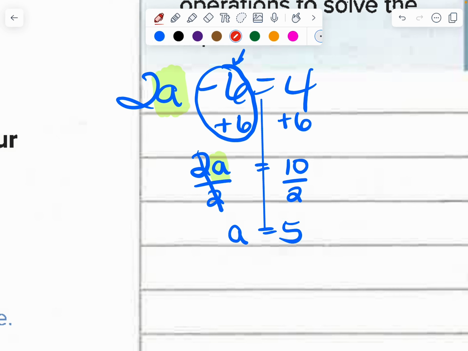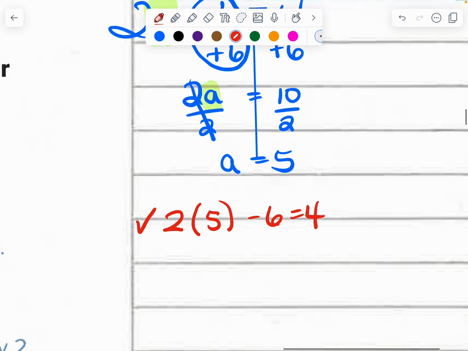Now, to make sure that you have the right answer, you can do a checking step. So you can substitute back in for the a in the original equation, the 5, and make sure that both sides of the equal sign are the same, that this is a true statement. So look at that. It came out to be a true statement.